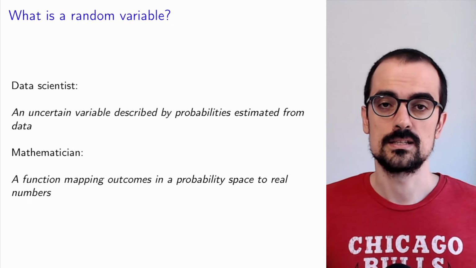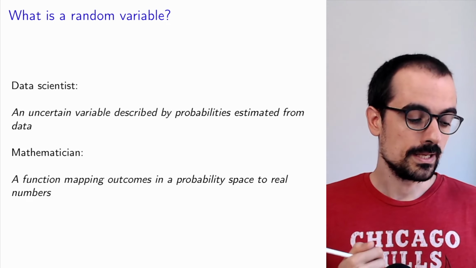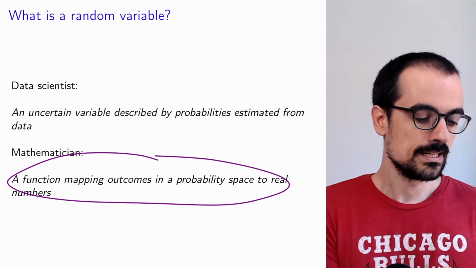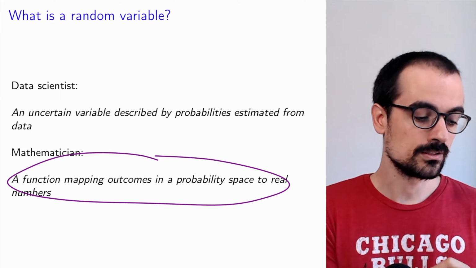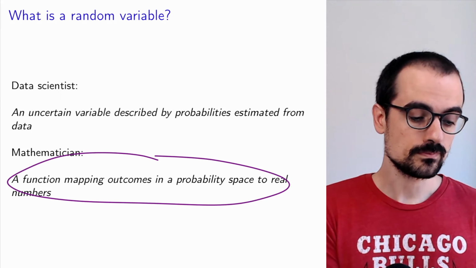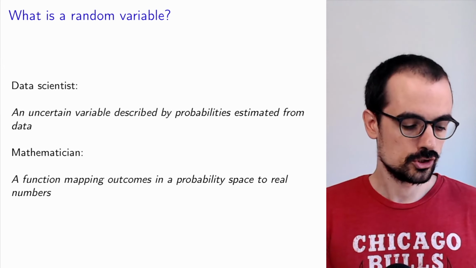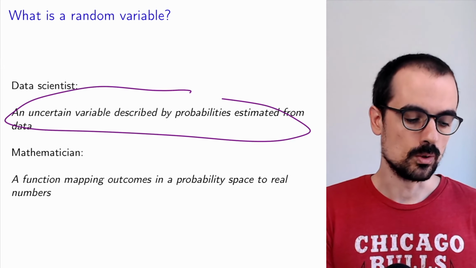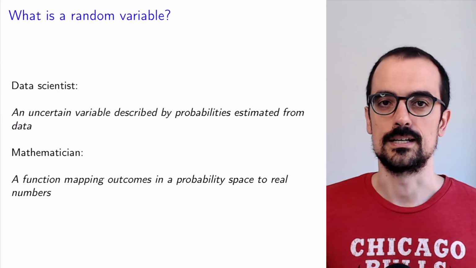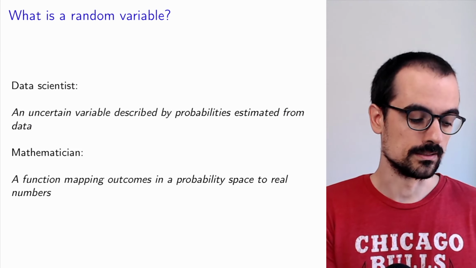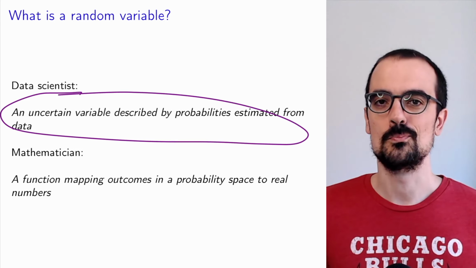They're equivalent in some sense because it follows from the properties that we derive from this definition that the random variable is in fact completely characterized by its probability mass function, so we can operate with it in the way the data scientist is saying. Today we're going to focus on the data scientist's point of view.